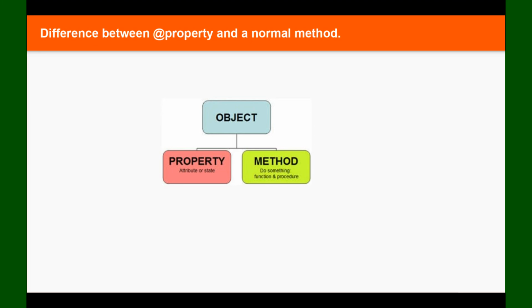A normal method performs actions and calculations. @property is used for encapsulation and read-only access, but a normal method is used for general behavior. @property can be set only with @property.setter, but for a normal method we don't need anything. We can just implement it.